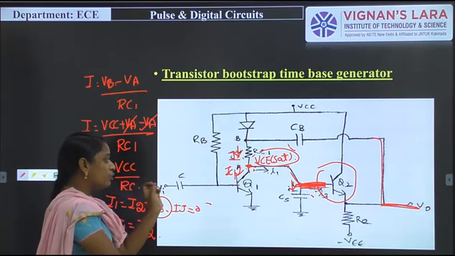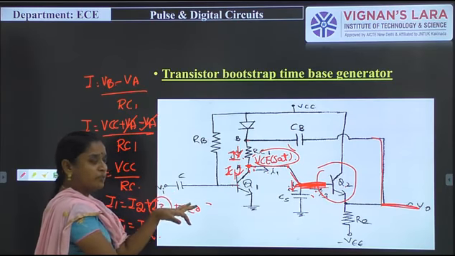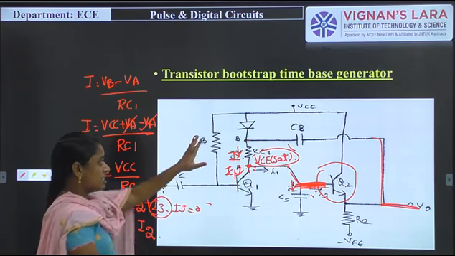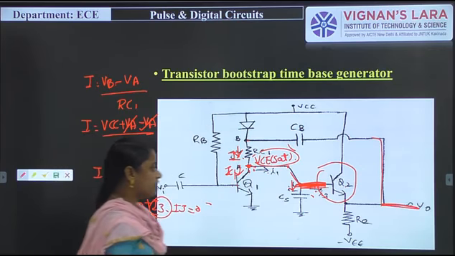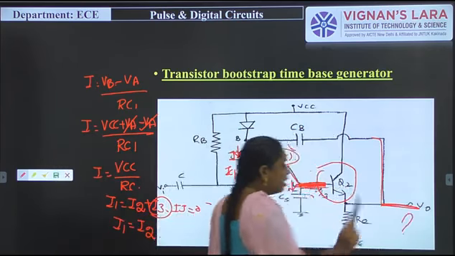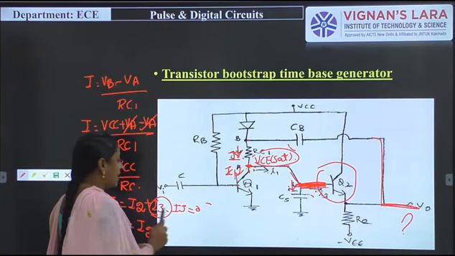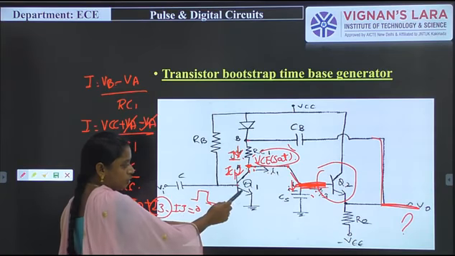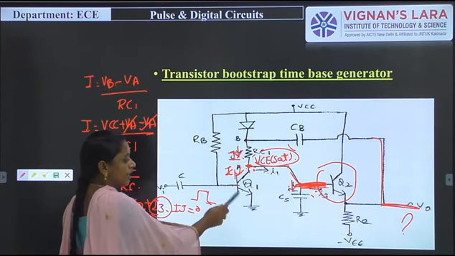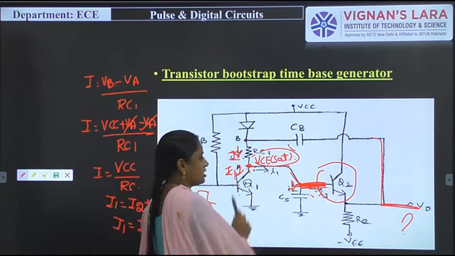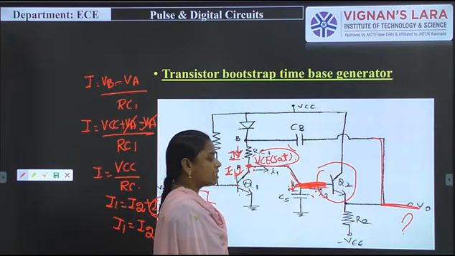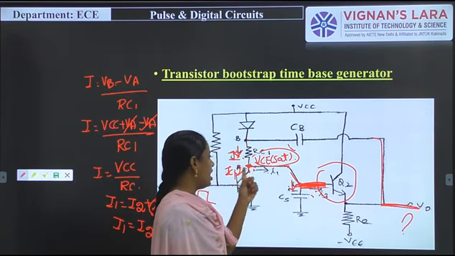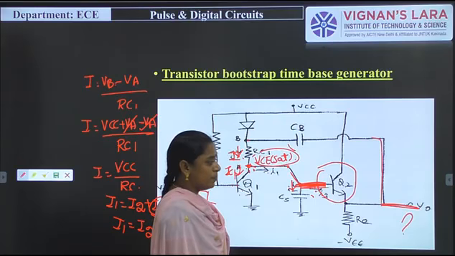But our major target is V0. In the first condition we apply a positive signal to Q1, so Q1 is in the on condition. When Q1 is on, it is at VCE sat, and V0 becomes VA minus VB sat. Simply, this voltage will be 0.4 volts.